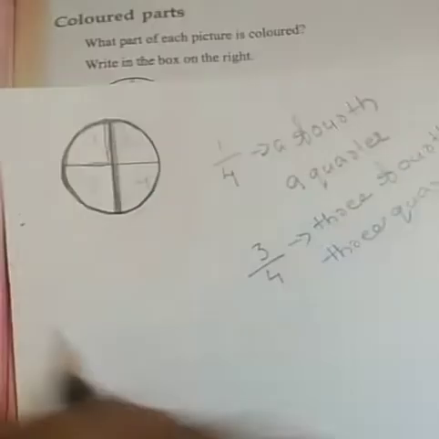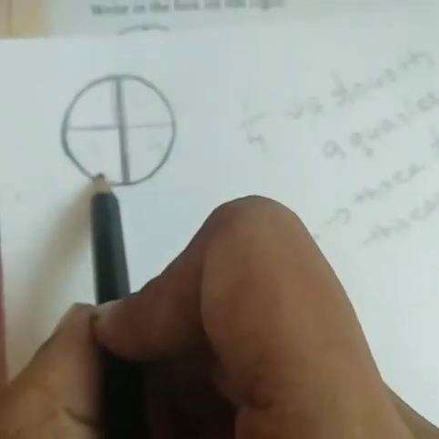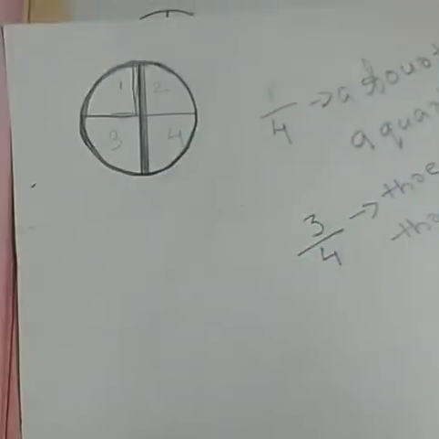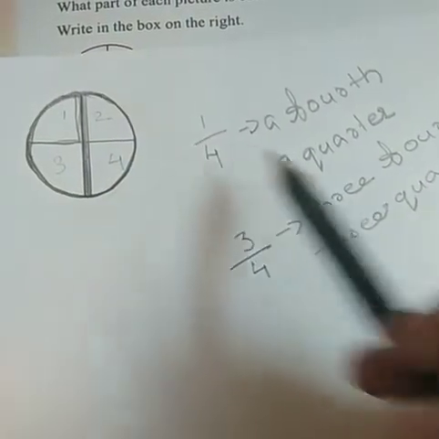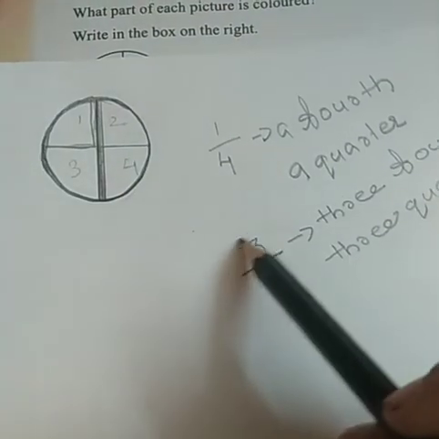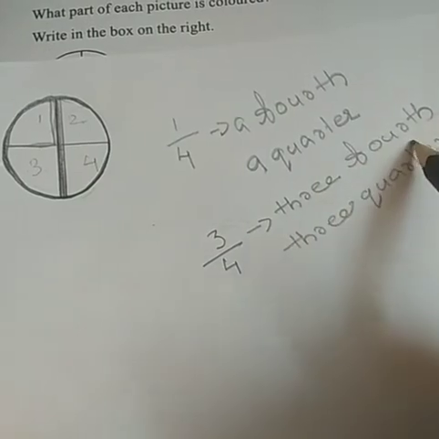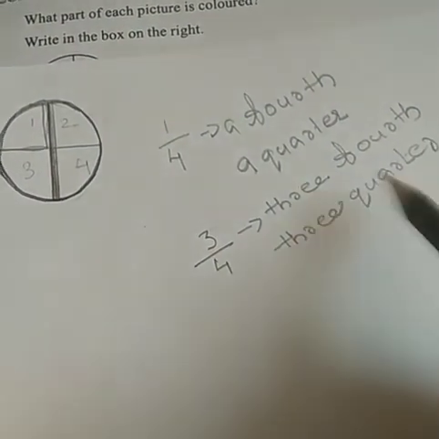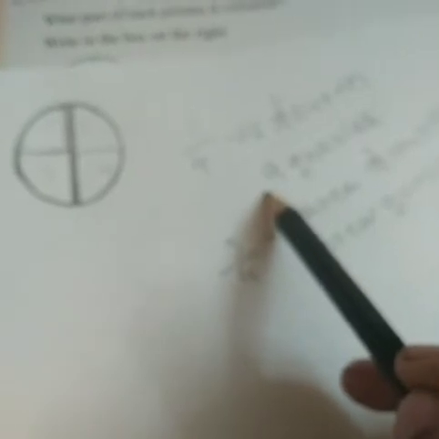Okay. Totally 4 parts. 1 is taken for them and 3 parts are remaining. So we can write 1 by 4 for them and 3 by 4 for the remaining parts. 3 by 4 or 3/4. 1 by 4, a fourth or a quarter.